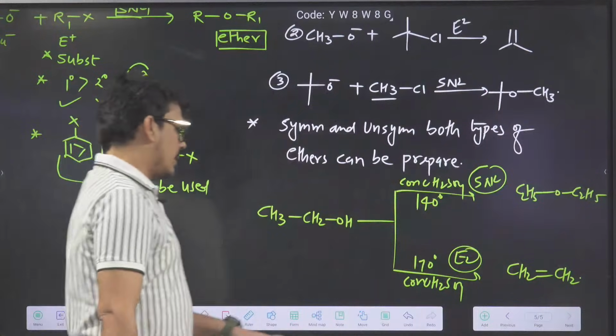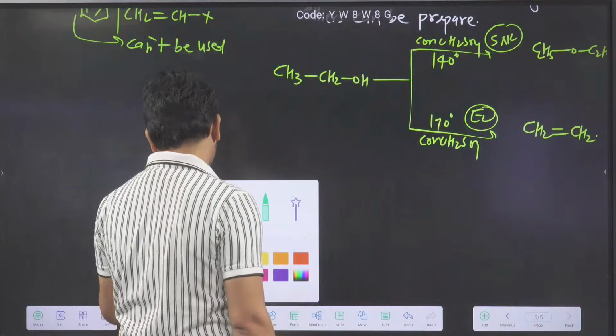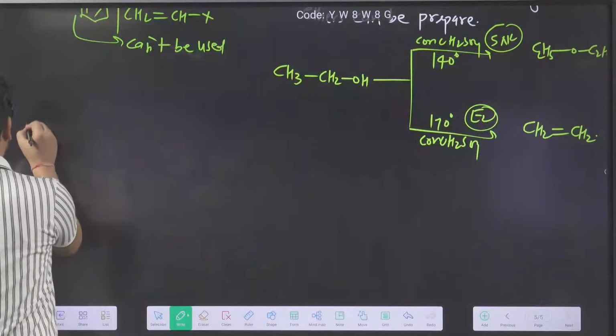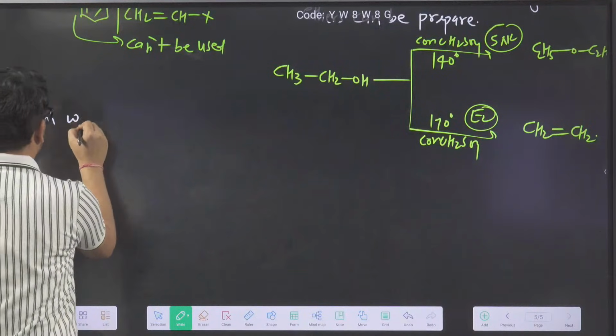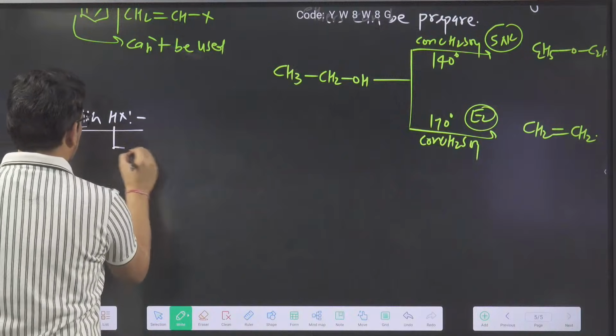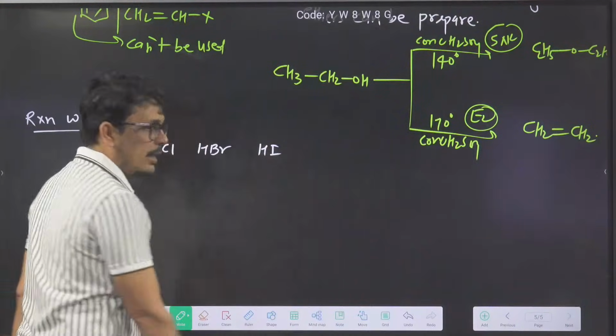Done. Now, last, chemical properties. Only one reaction is important, which is given in NCERT, that is the reaction with HX: HCl, HBr, HI.